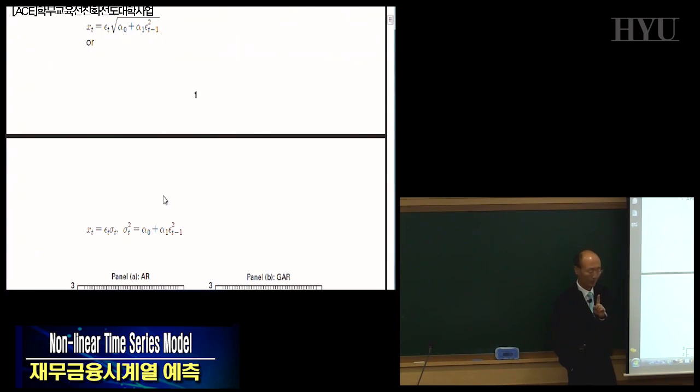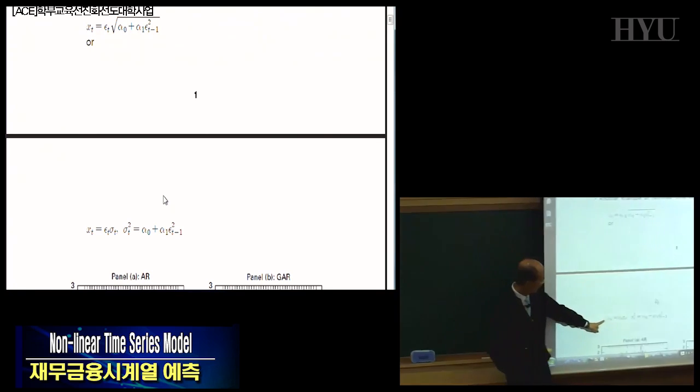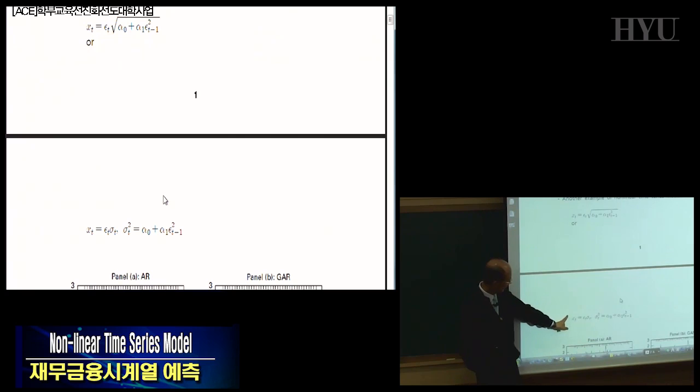ARCH-1 process. So if you calculate the mean of xt, which is 0, because this is known at t, it's a constant, and the expected value of epsilon t is 0. So the expected value is, of course, 0.